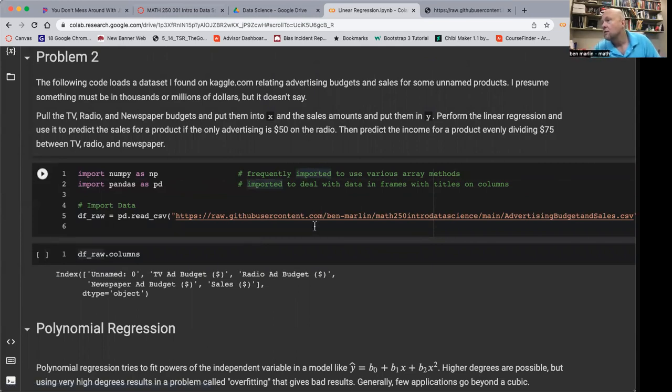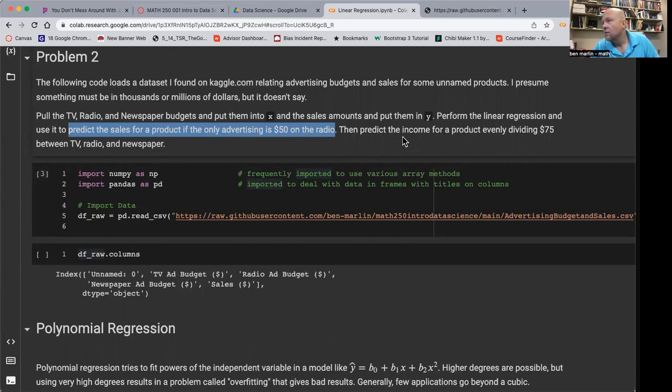So you're going to perform linear regression, and once you get the coefficients, you're going to try to predict the sales for a product that only used $50 on the radio advertising. So that means for X0, X1, X2, one of those is going to be 50 and the other two are going to be 0. And depending on which order you put things in, it might be any of them, right?